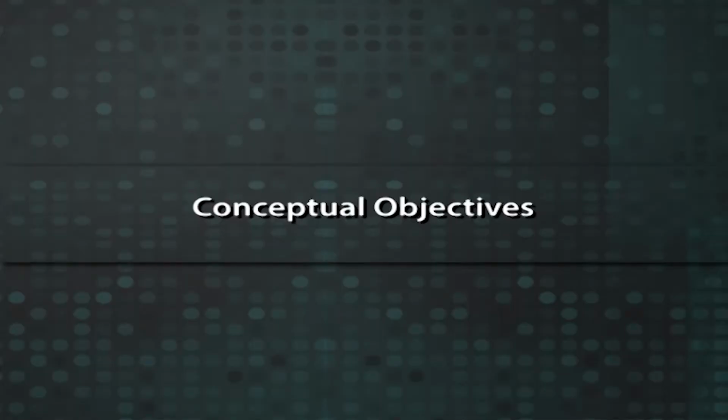Conceptual objectives: to develop understanding of data, concepts, themes and generalizations, including the ability to identify and describe roles, interaction and interdependence of individuals at home, in the neighborhood and community, in our state and nation and in other lands.